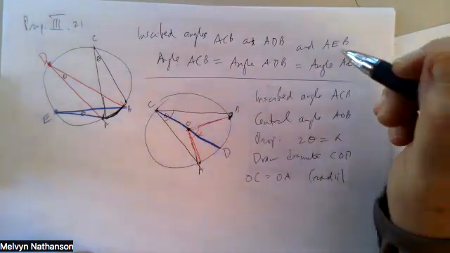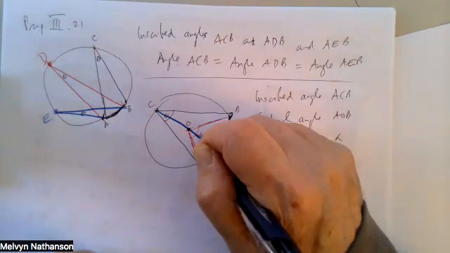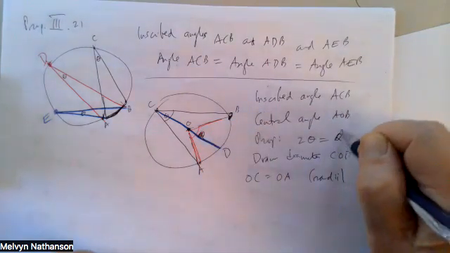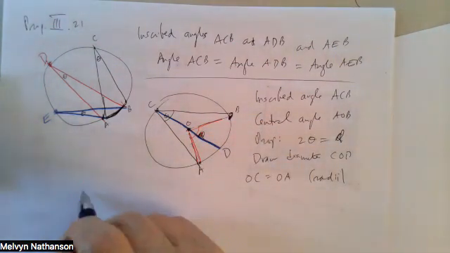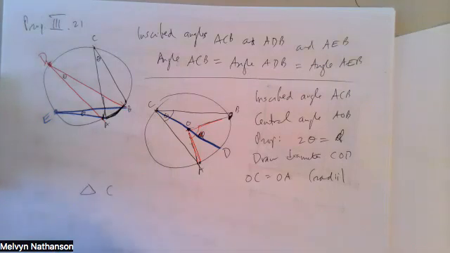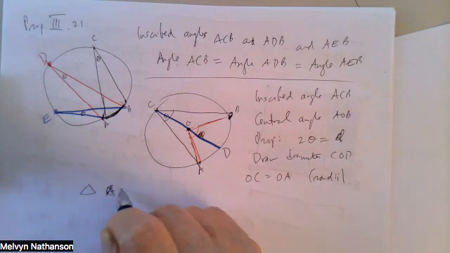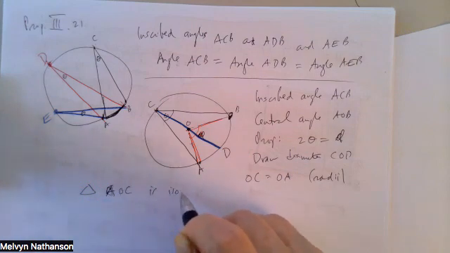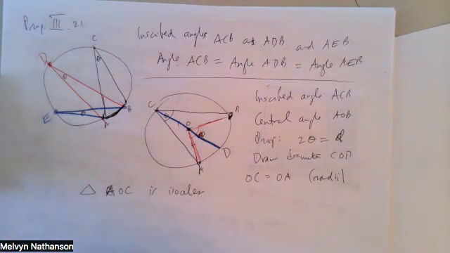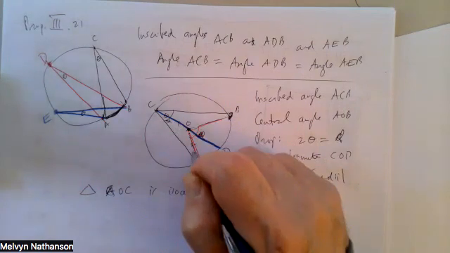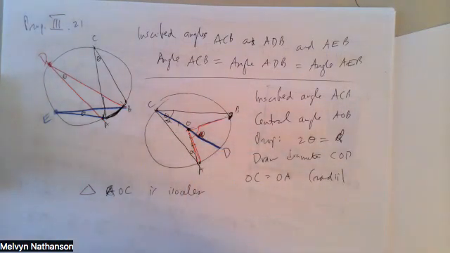So let me not call this alpha. Let me call it phi, say just. These two radii are equal. So triangle COA or AOC is isosceles. Of course, you have two radii as sides. So this angle here and this angle here, let me call them alpha, are equal.